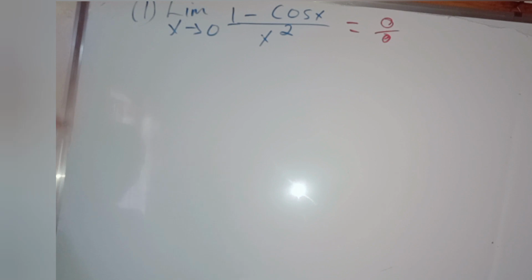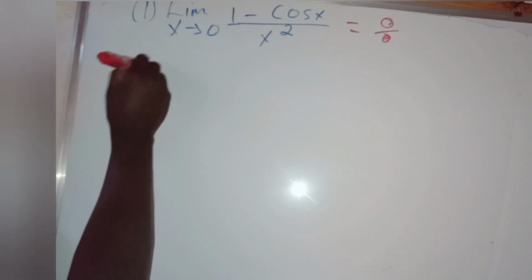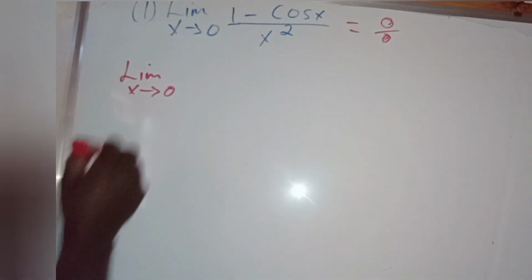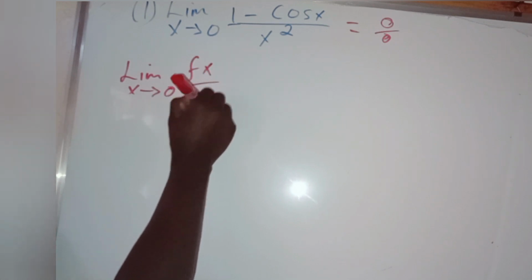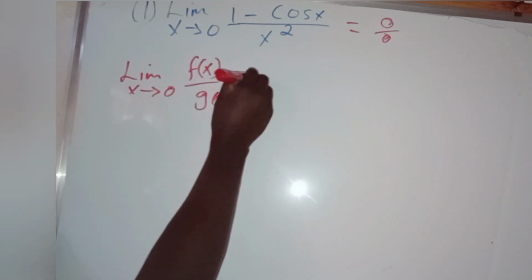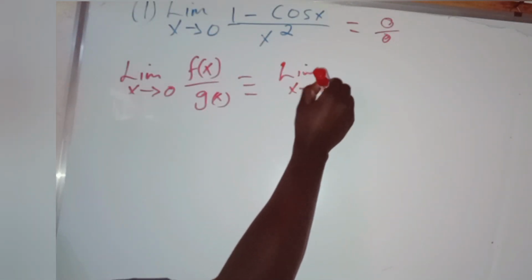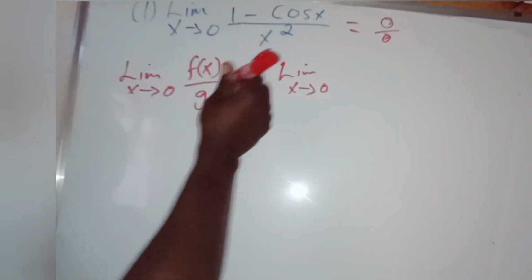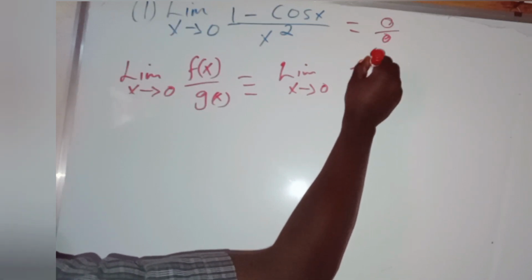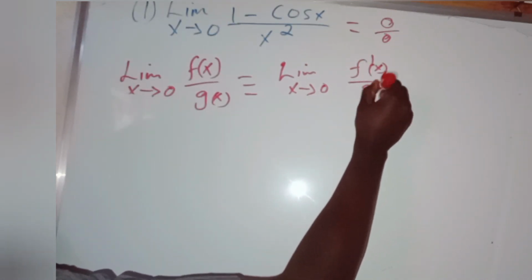Now, if your limit is in non-determinate form, you make it determinate by using L'Hospital's rule. L'Hospital's rule states that the limit as x approaches 0 of f(x) divided by g(x) is equivalent to the limit as x approaches 0 of the derivative of the numerator divided by the derivative of the denominator, found separately.